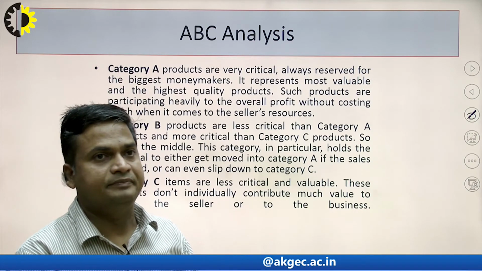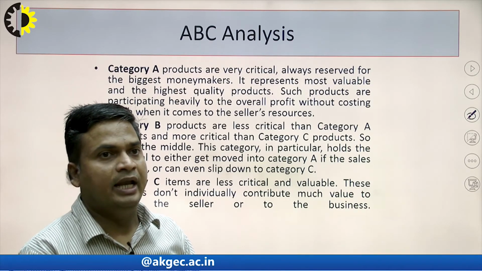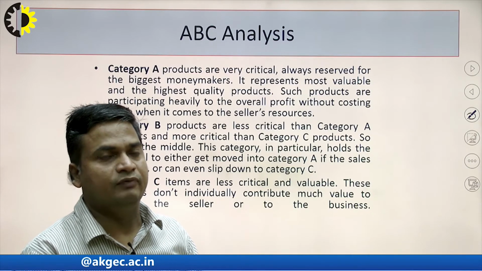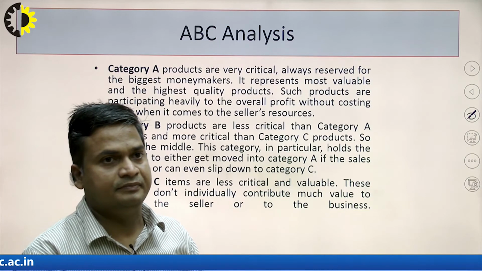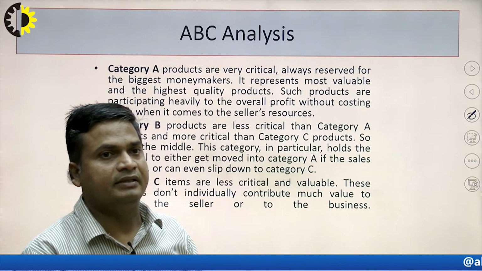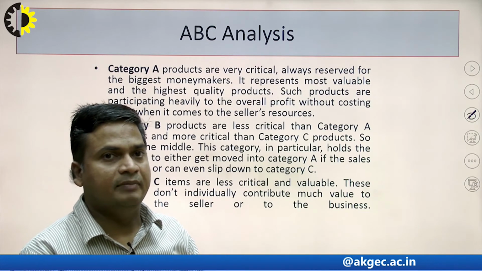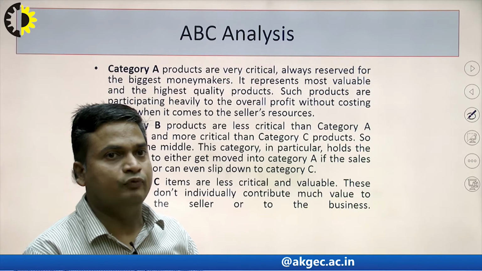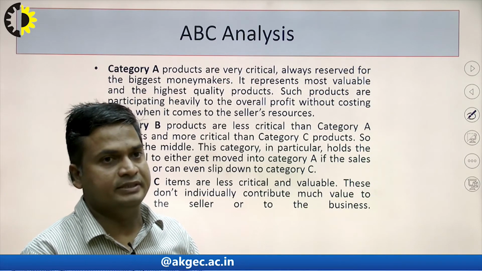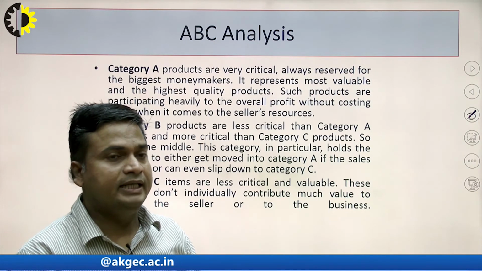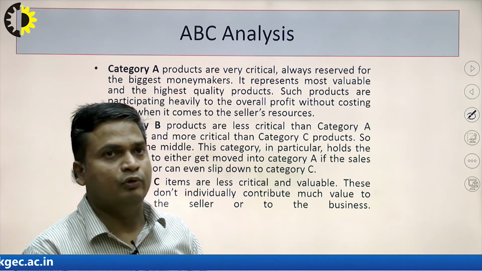Next is the category B. In this, the products are less critical than category A products, and their value is 20% of the total items, and their quantity is also 20%. This category in particular holds the potential to either get moved into category A if the sales are good, or can even slip down to category C. In category C, items are less critical and valuable, like nuts, bolts, screws.